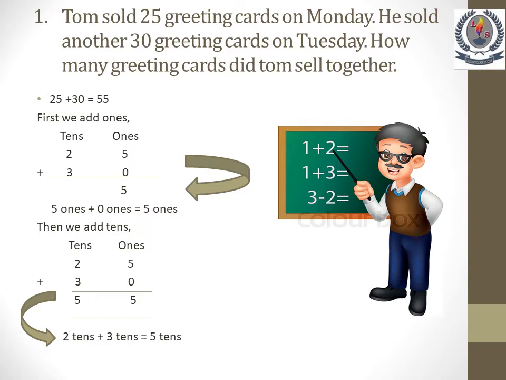Counting on in tens from 25 gives 35. It means 25 plus 10 is 35, 25 plus 20 is 45, and 25 plus 30 is 55. So, the sum of 25 and 30 is 55. Tom sold 55 greeting cards altogether.